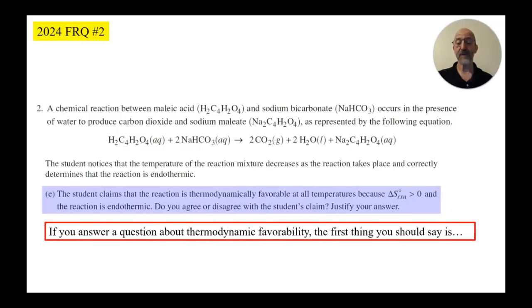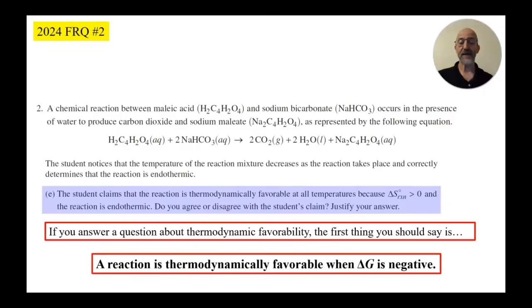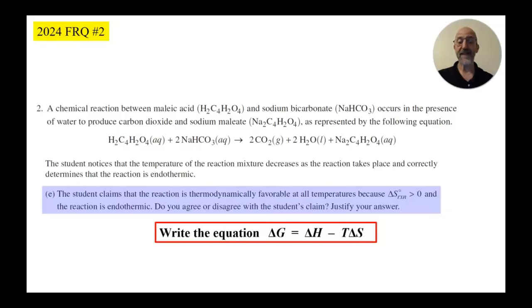Now, if you do answer a question on the AP Chemistry exam about thermodynamic favorability, this is my advice. The first thing to do is to say that a reaction is thermodynamically favorable when delta G is negative. Make that clear, that you're telling the AP readers you know that delta G should be negative if a reaction is thermodynamically favorable. The next thing I would say is go ahead and write the equation.